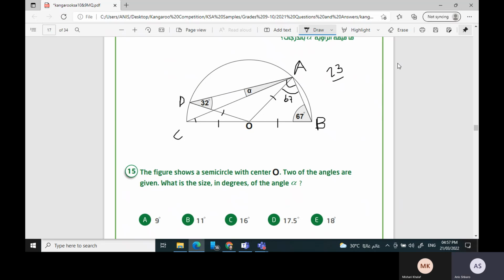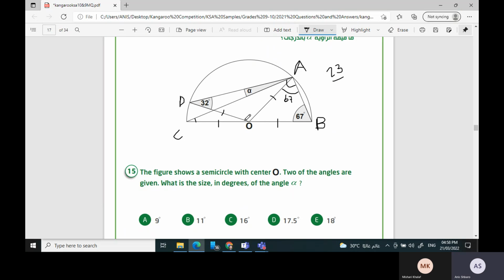Do it for me also in another case. Another case is from D to O and A to O. Yes, DOA, this triangle. Which angle? ODA. It's clear, 32. It's equal to which angle? Yes, but be specific.